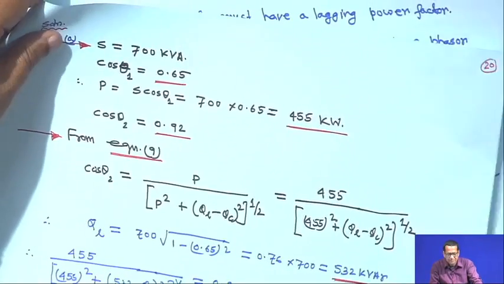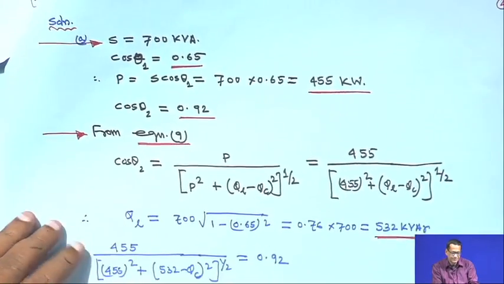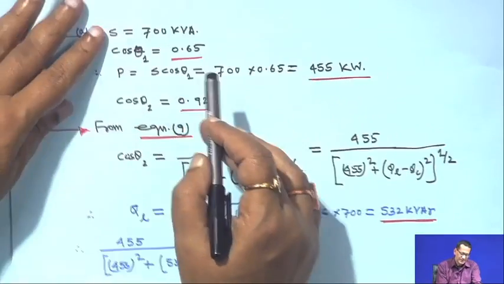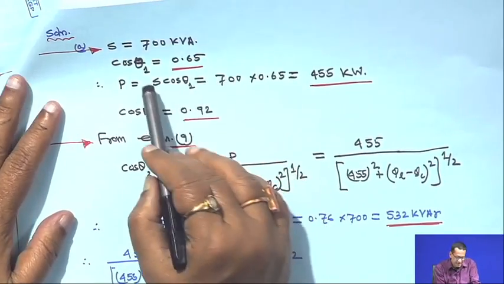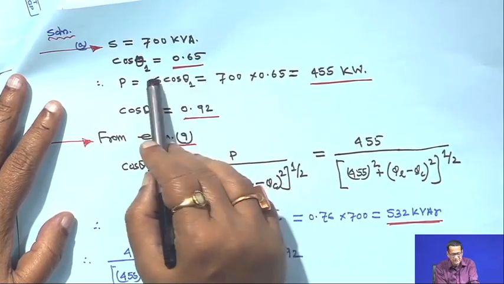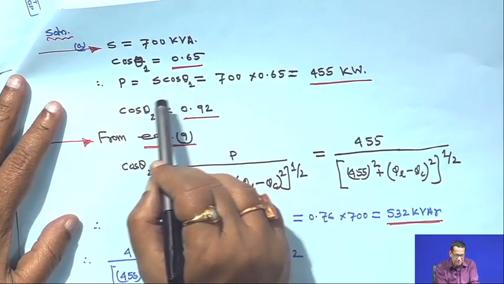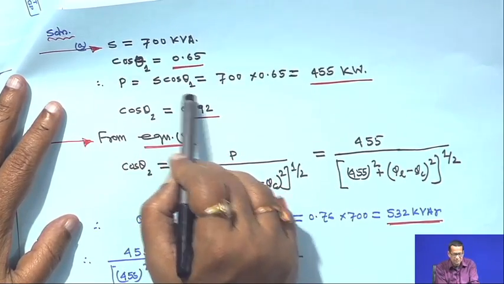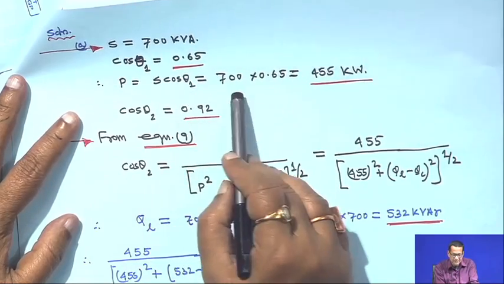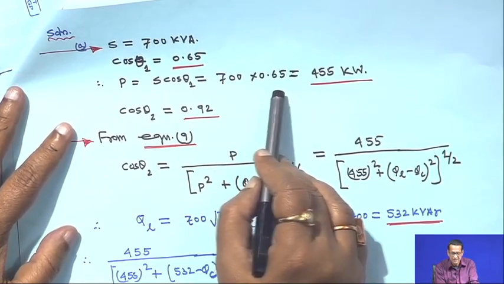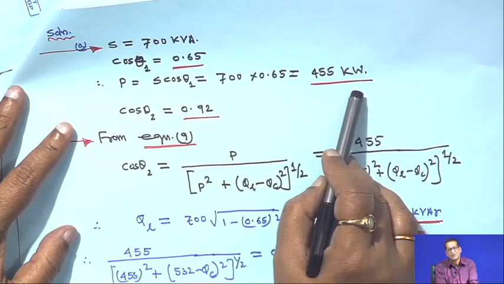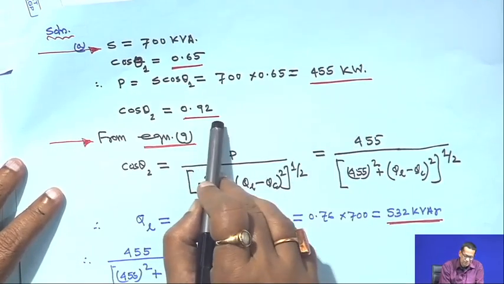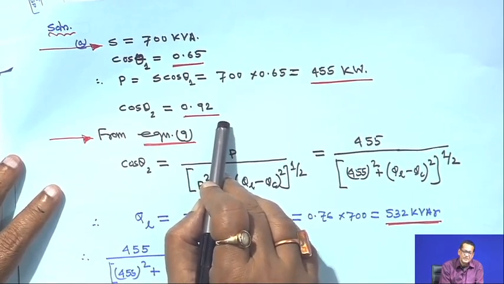In that case, S is given as 700 kVA, and the initial power factor is cos theta 1 equal to 0.65. So, P is equal to apparent power into cos theta 1, that is 700 into 0.65, equal to 455 kilowatt. The improved power factor cos theta 2 is 0.92.